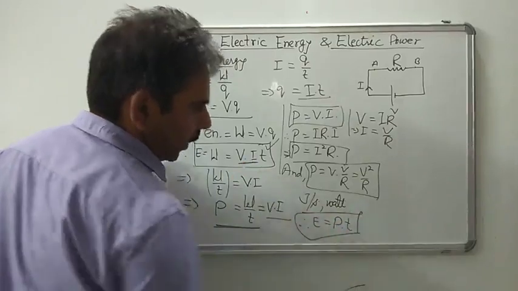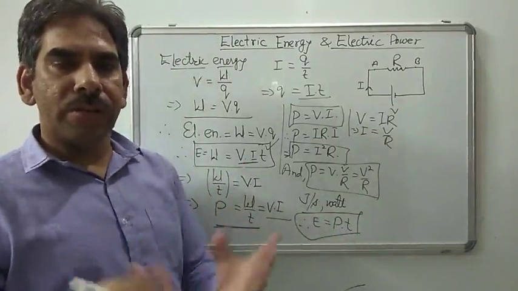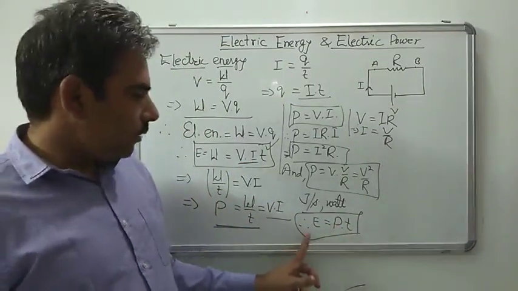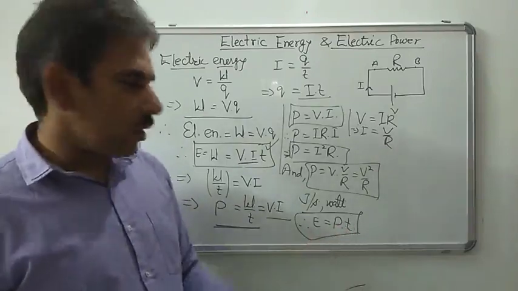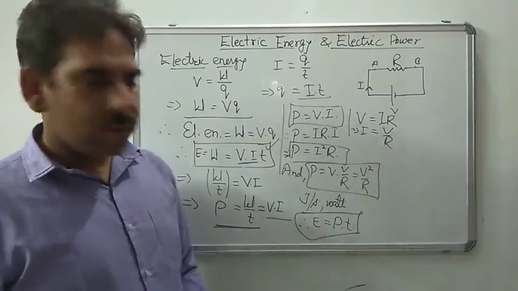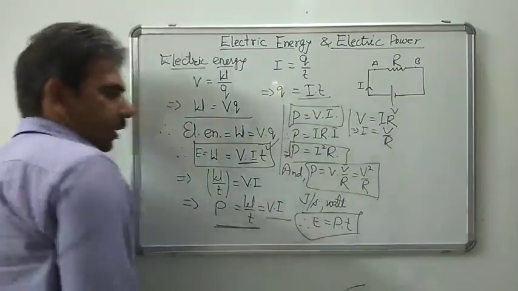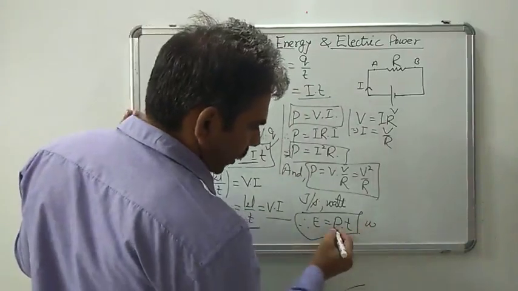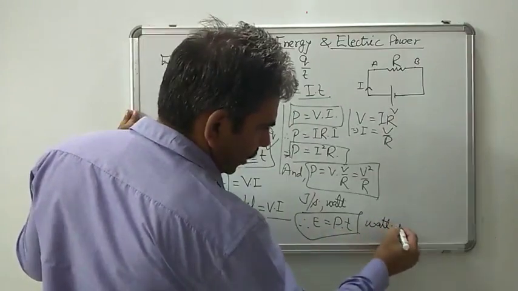If we know the power of any component, for example a bulb, a tube light, a fan or a fridge, then we can calculate the energy consumed in a given period of time, for example 1 hour or 2 hours. Here power is measured in watt, and time is measured in second.